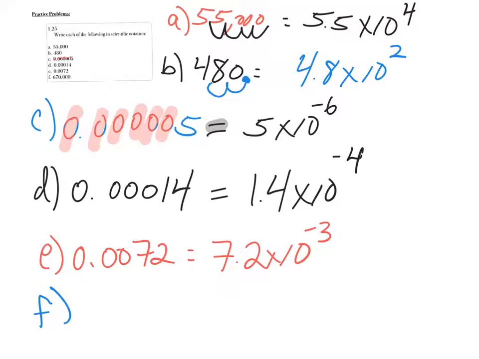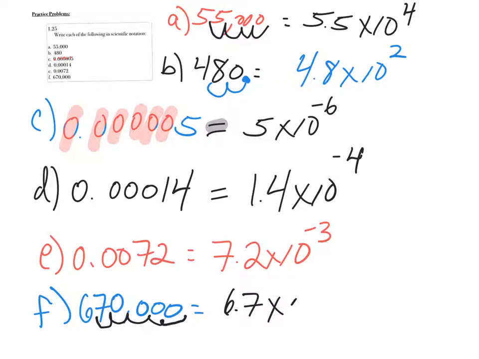And problem F, 670,000. All right, so if we have the decimal place right here, move it 1, 2, 3, 4, 5 times. 6.7 times 10 to the positive fifth. And you might be asking yourself, well, okay, so what happened to all the zeros? There's 4 zeros right there.